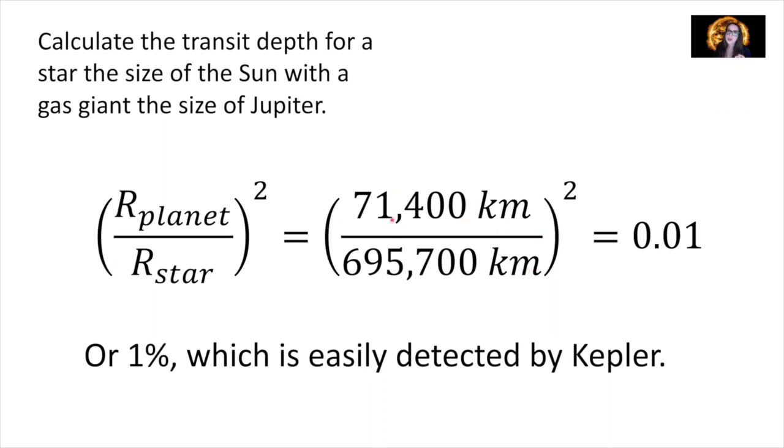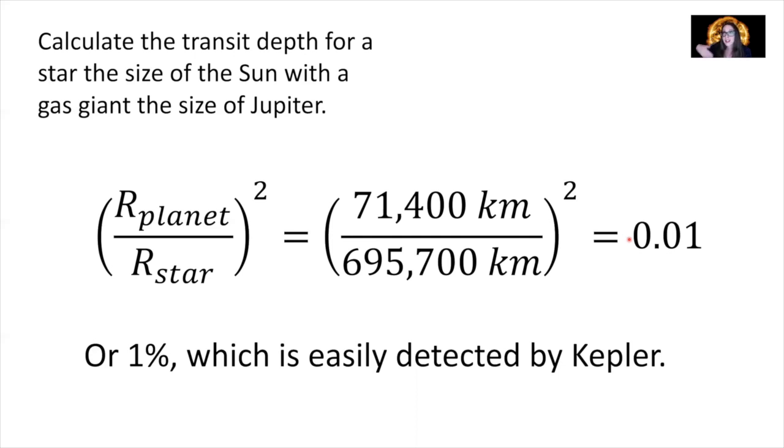So you take 71,400, divide it by 695,700, get that fraction. And then you square it, you raise it to the power of 2, and when you do that, you find that the transit depth, imagining our solar system as an exoplanet system, and maybe some other alien civilization is looking at our star and looking at the planets transiting in front of it.